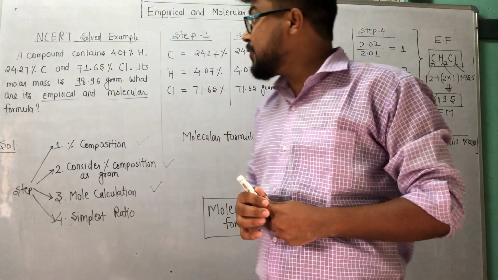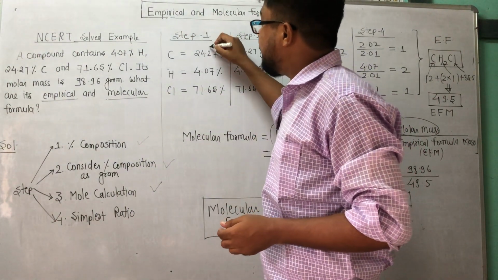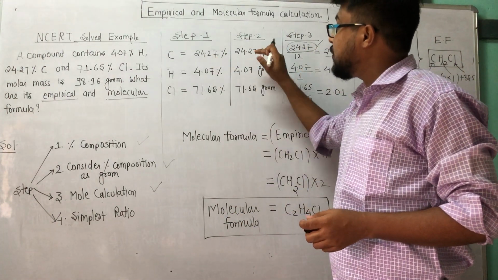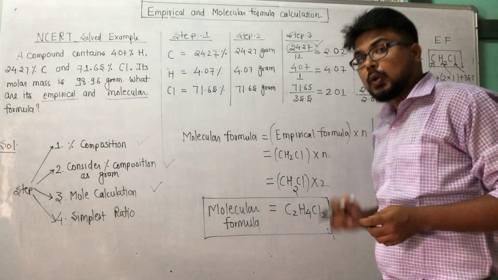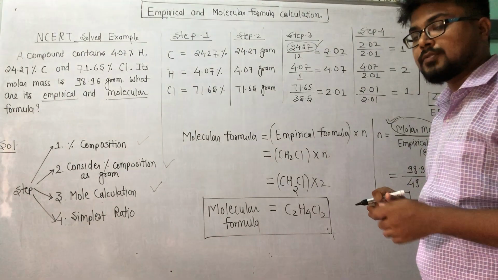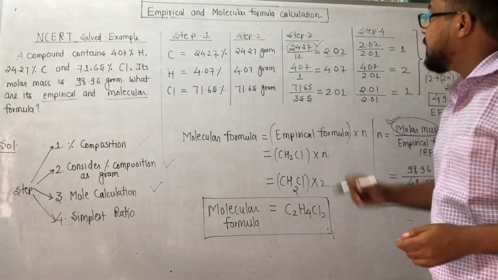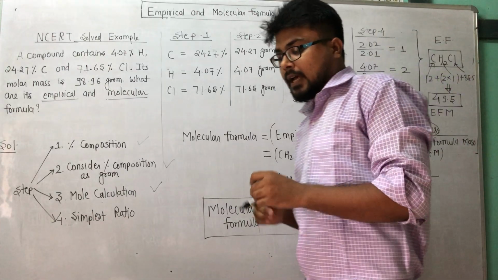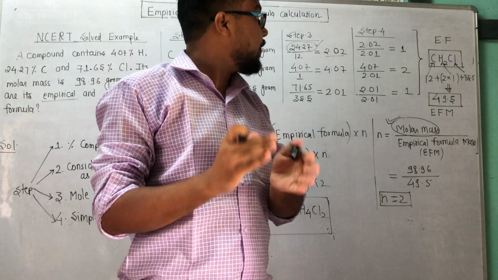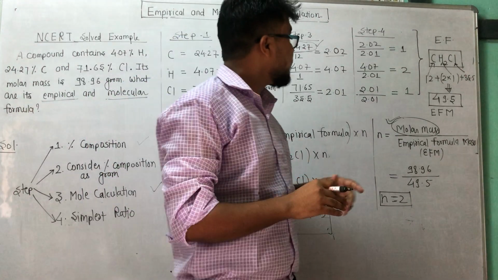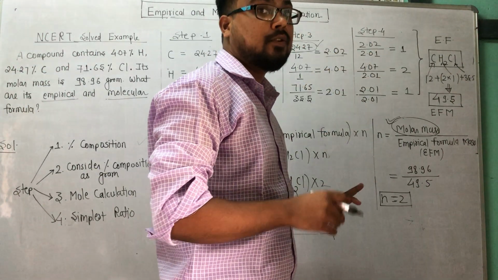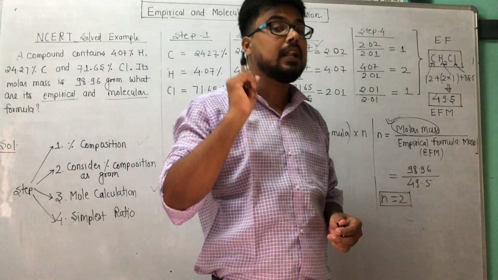So in step 1 I used the percentage composition. By considering the percentage composition in grams, I made step 2, and for step 3 I divided that given mass by the atomic mass, so that I can get the value of moles, and in the last step I calculated the simplest ratio. Whatever the smallest value among all these, by dividing by that factor I will get the simplest ratio, and the simplest ratio is nothing but the empirical formula.